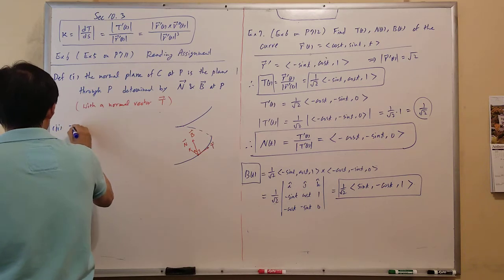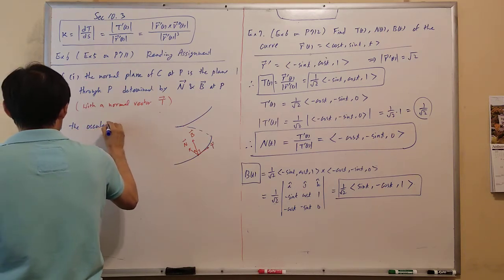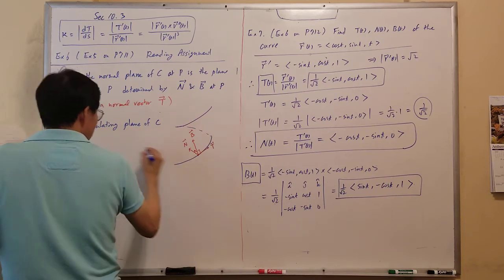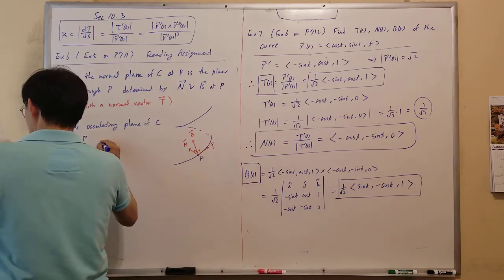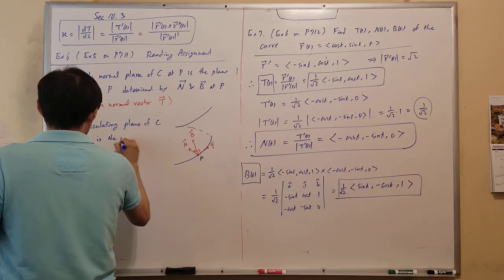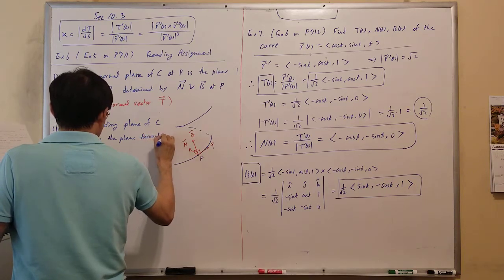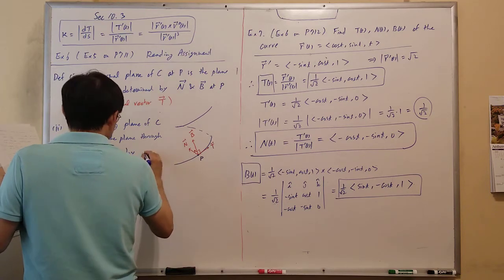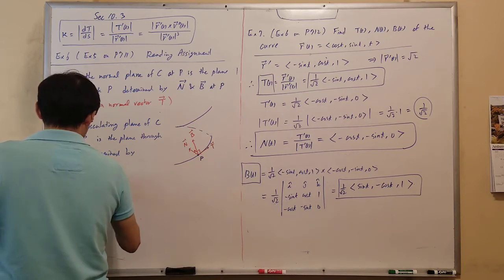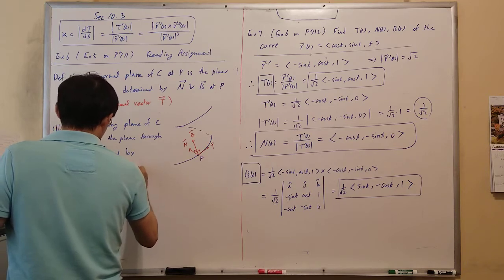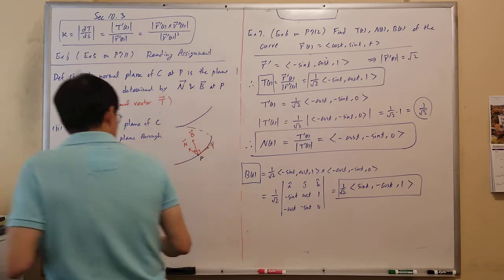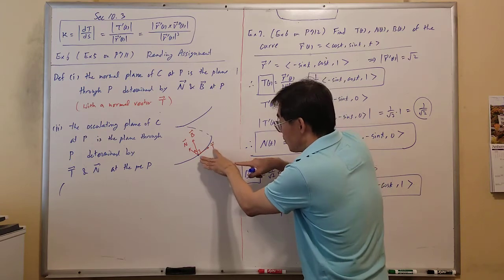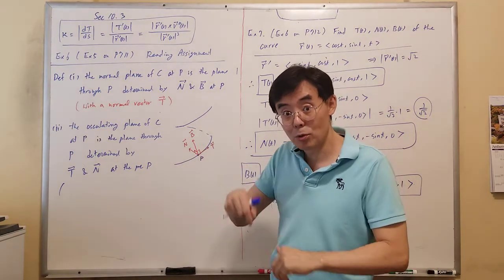Likewise, we define the osculating plane of C at P is the plane through P determined by T and N at the point P. So this time your plane is generated by T and N. So your curve is tangent to that plane generated by T and N. That means your binormal vector is your normal vector.